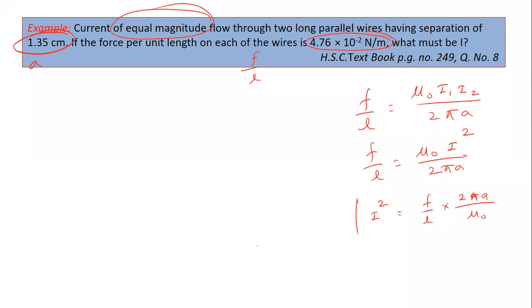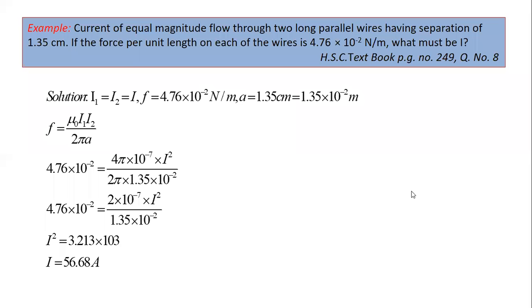So this is the formula by which you can find out the value of current. After substitution and doing the calculation, we get the answer for the current as 56.68 ampere.